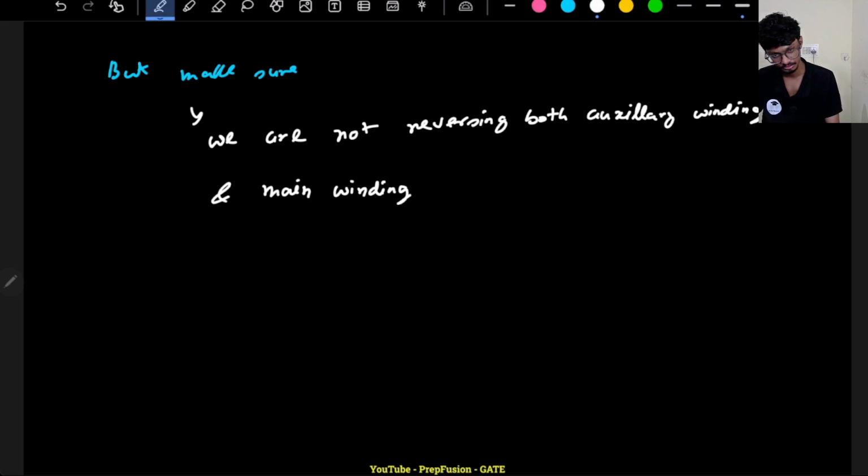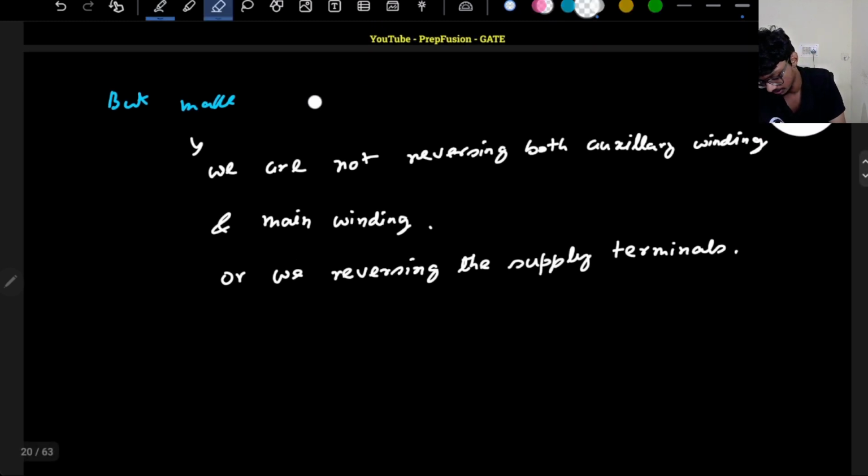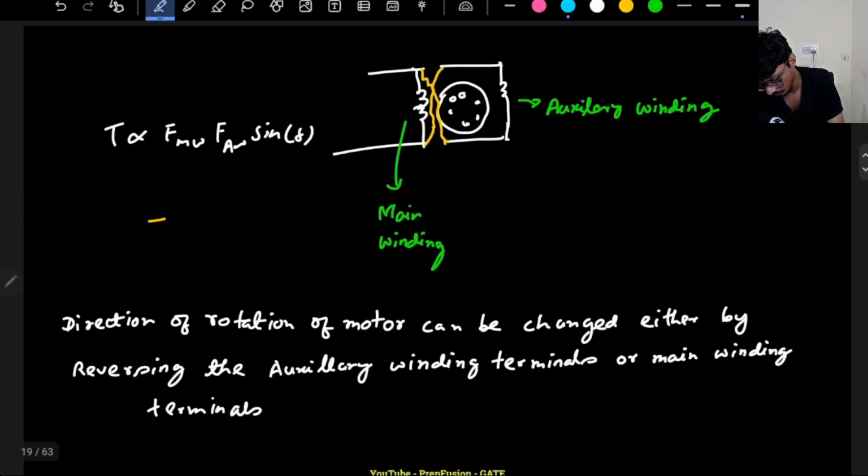If you reverse both, it will not work. Or reversing the supply terminals, that also will not work. I hope you have understood this point. So this is how we can change the direction of rotation.